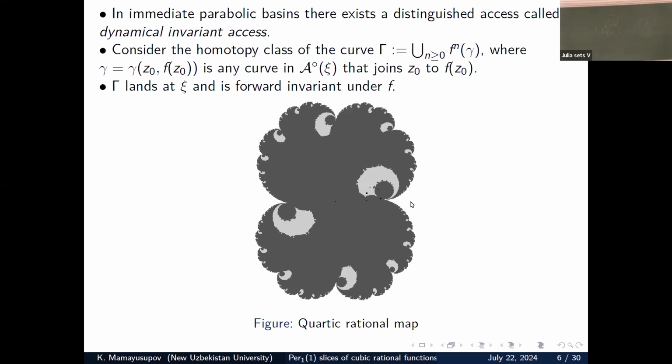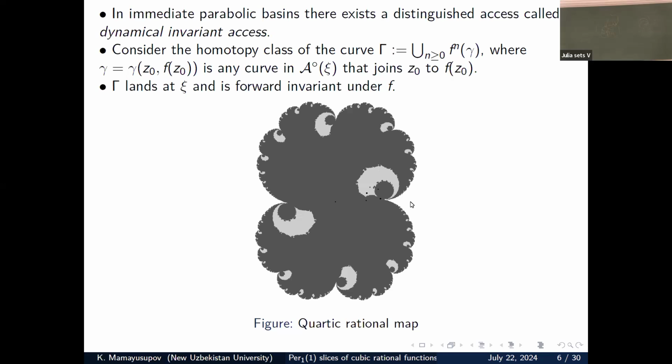So you have 2 accesses, but one of them is very important, which is called the dynamical invariant access. So you take any curve, you start with some point, and then you iterate, and you take all its forward images, and you take the union. This gives you 1 access.